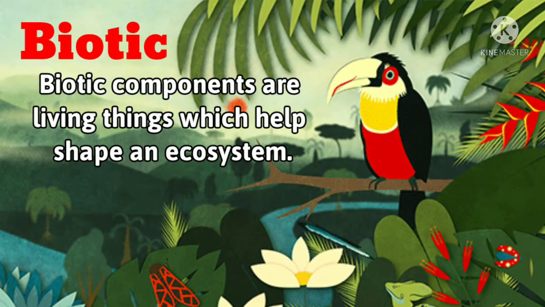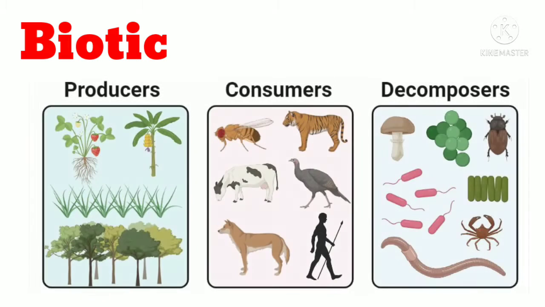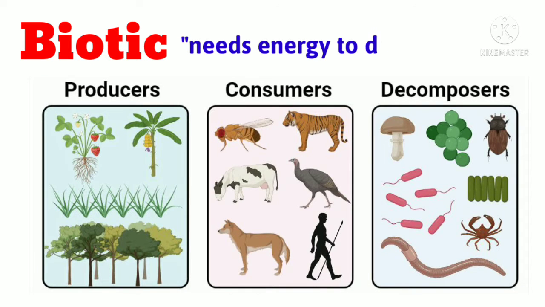They affect another organism either as a consumer or producer. Each biotic component needs energy to do work. Biotic components include producers, consumers, and decomposers.